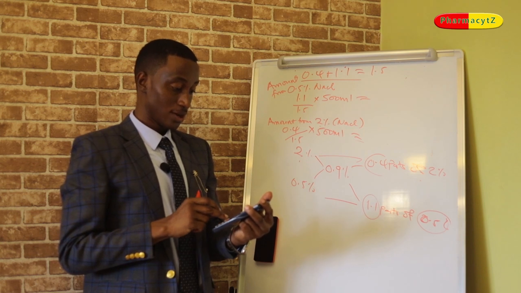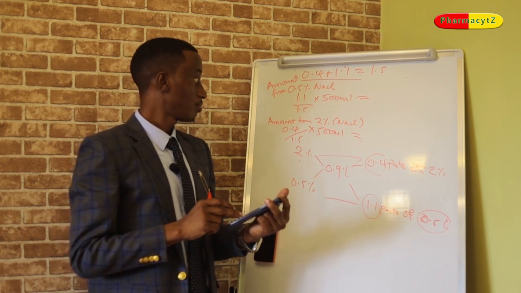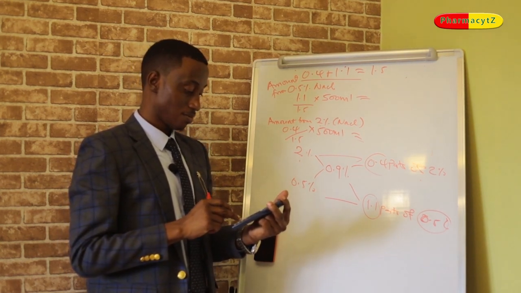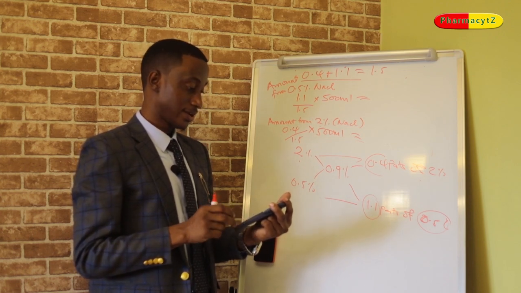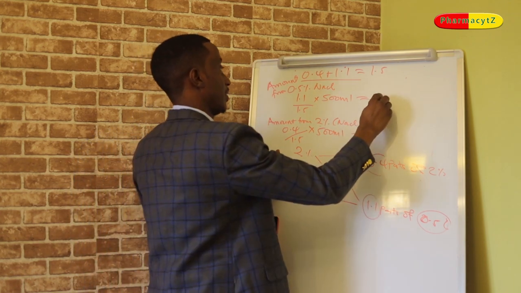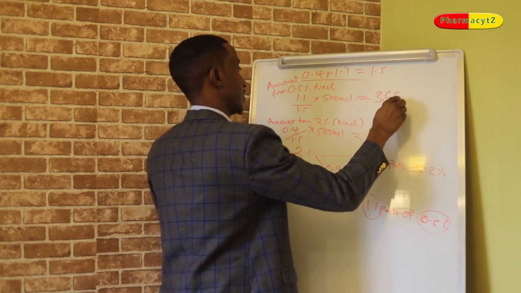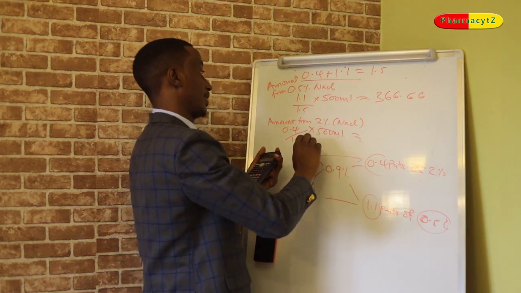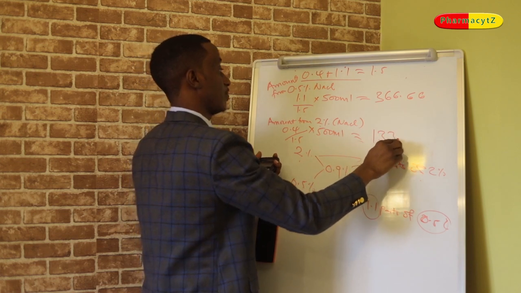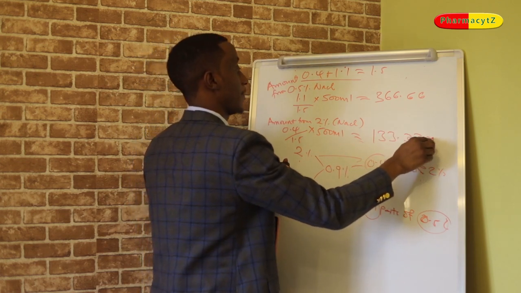This is 1.1 divided by 1.5, then times 500. This is 366.66. Then automatically this is 133.33 mils.